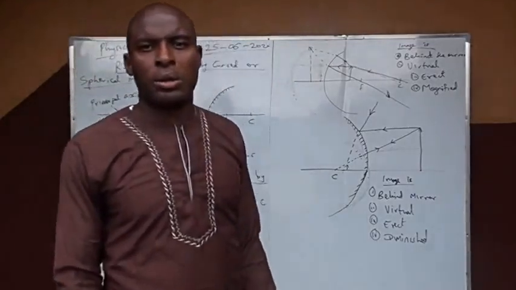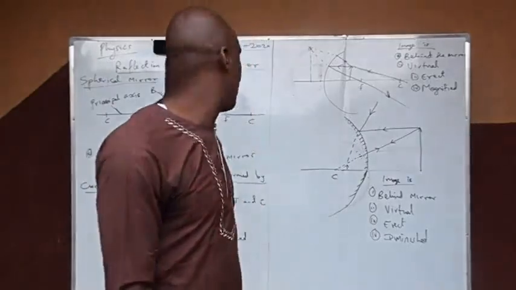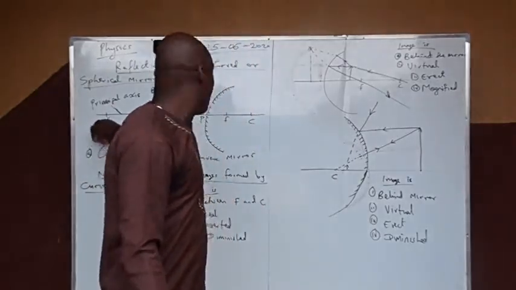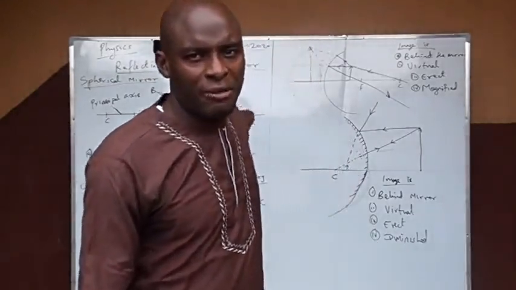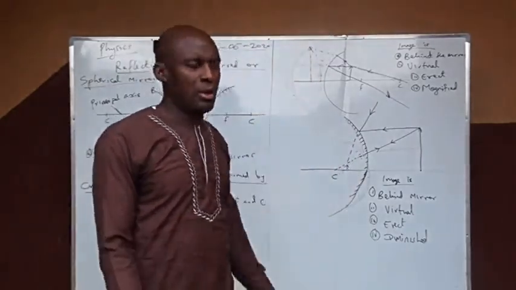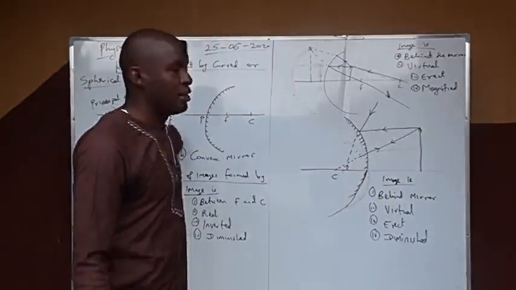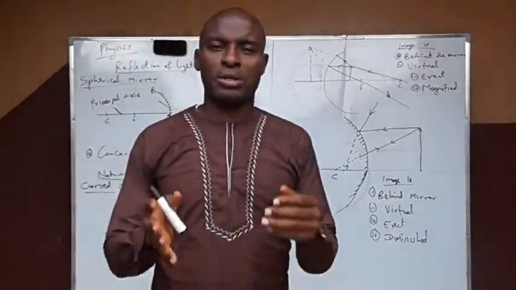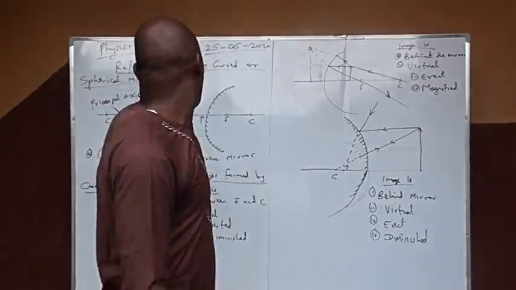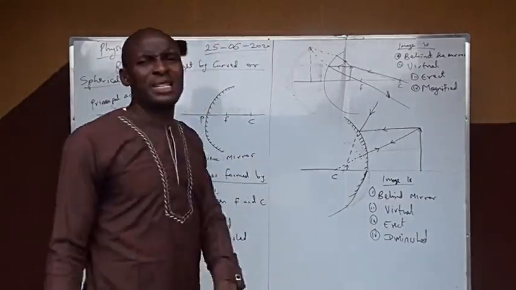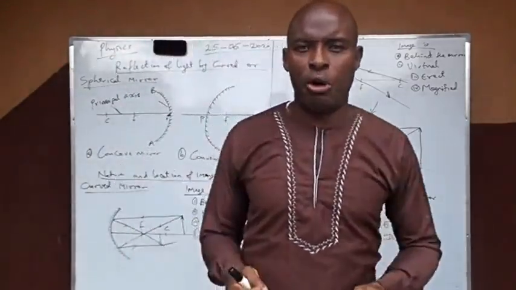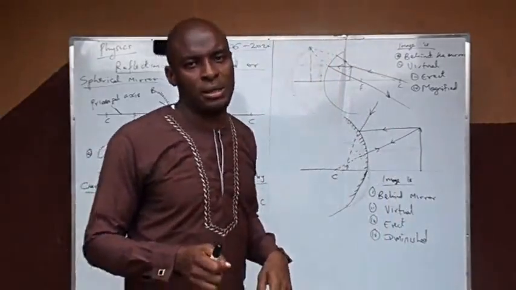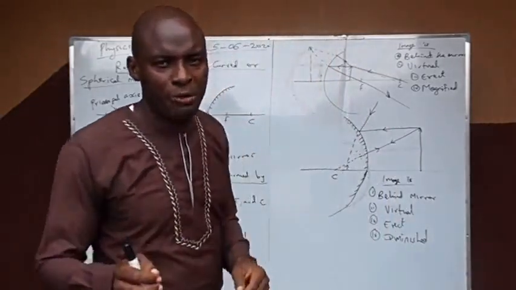We also have the principal axis. The principal axis is this imaginary line from the center of curvature to the pole of the mirror. This imaginary line here is called the principal axis. Now, we have the center of curvature. The center of curvature is the center of the sphere of which the mirror forms a part.